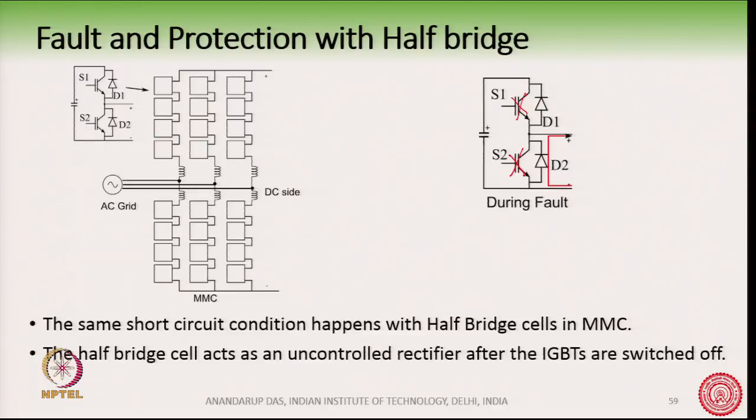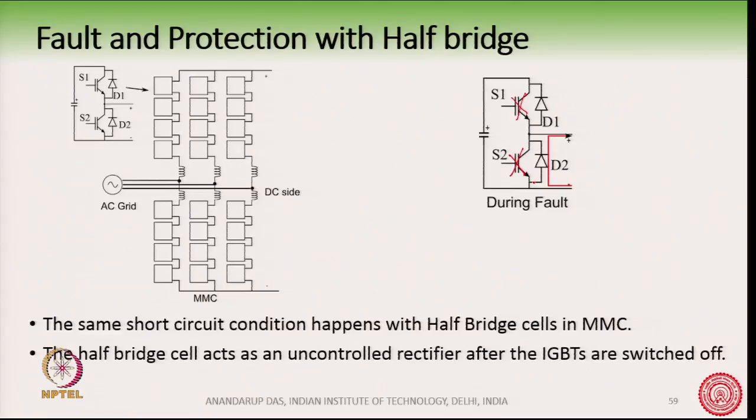But if you see the circuit of the half bridge here, the diodes which are present are uncontrolled devices and they will continue to conduct, in spite of the transistors having been switched off.